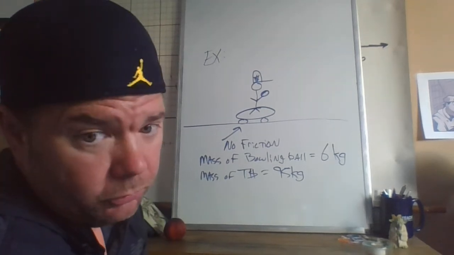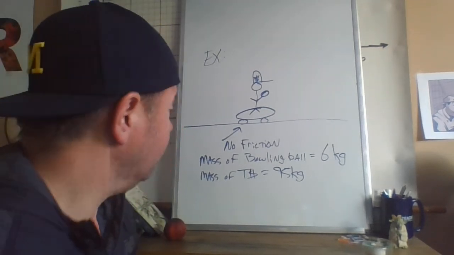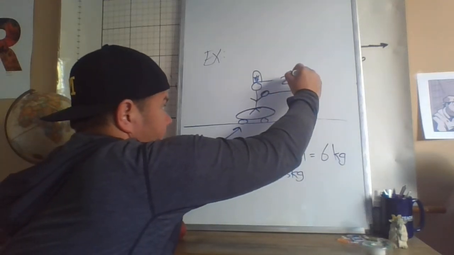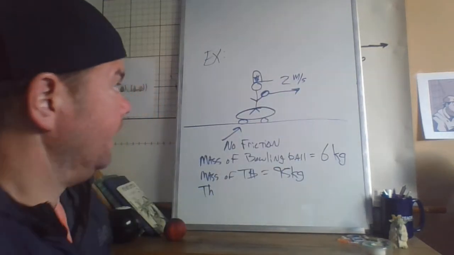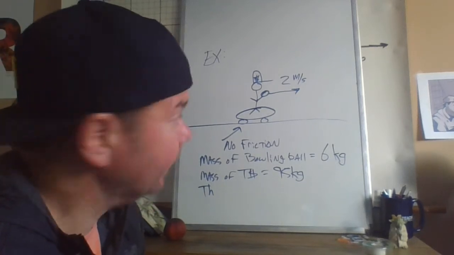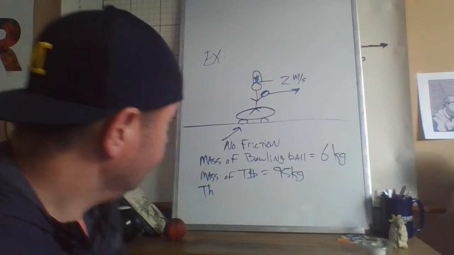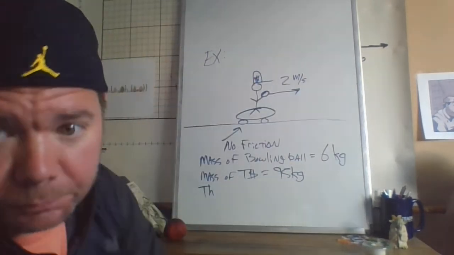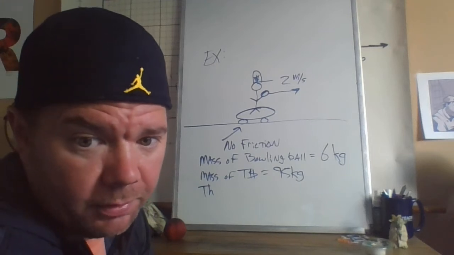What I'm going to do is throw this bowling ball at a velocity of 2 meters per second, and the question is what happens as a result? We're going to make some assumptions: no wind, no friction. The ground is perfectly level, so we don't have to worry about that.